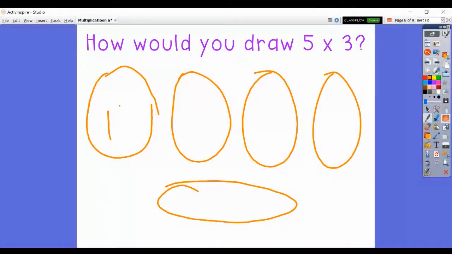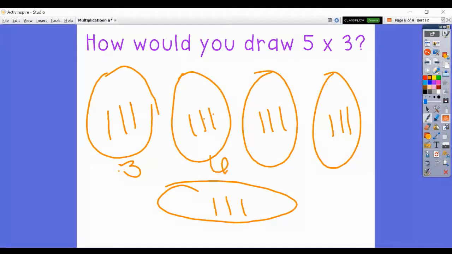And then I'm going to put 3 tally marks in each. Now I can go back and skip count by 3 if I feel comfortable doing that, or if I'm not quite there yet, I can go 3, 4, 5, 6, 7, 8, 9, 10, 11, 12, 13, 14, 15, which means that 5 times 3 equals 15.